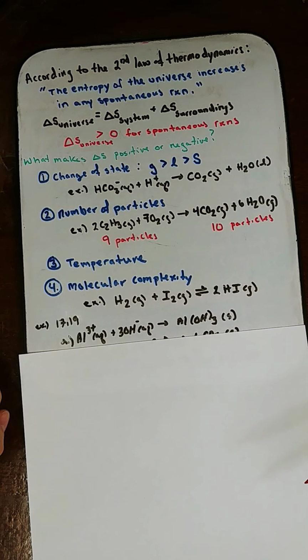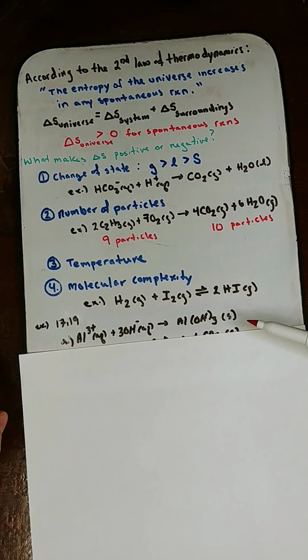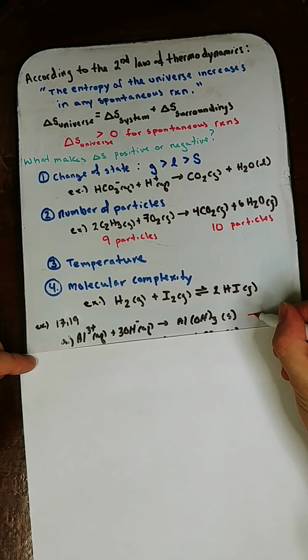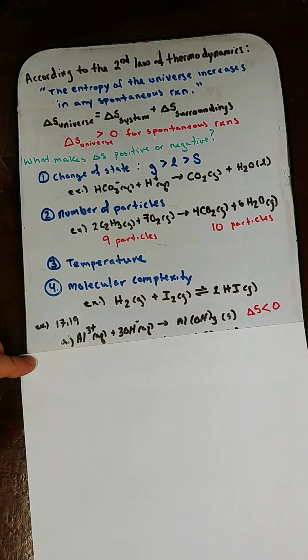The system is becoming more organized because I'm decreasing the number of particles and I'm changing my phase from aqueous to the solid phase. So for both of those reasons, for this reaction, delta S is decreasing. The disorder is decreasing as the reaction progresses, and so the entropy decreases.